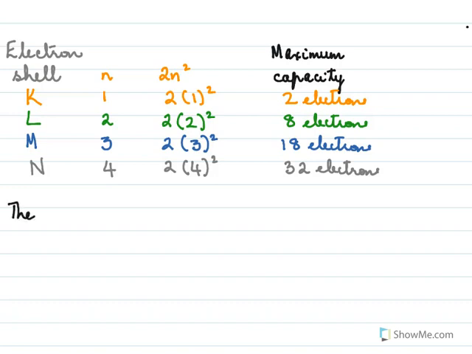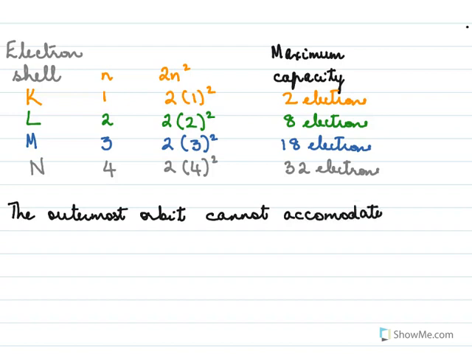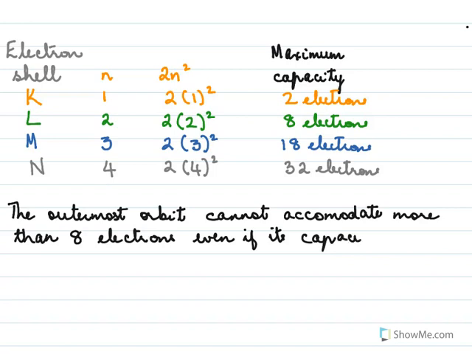So we can write here: the outermost orbit, or the outermost shell, cannot accommodate more than 8 electrons, even if its capacity is to accommodate more.